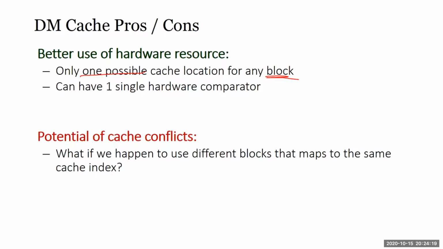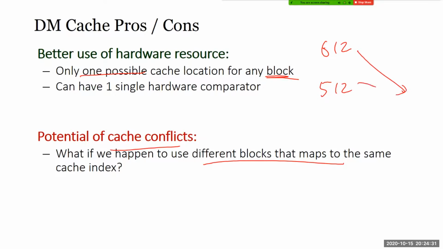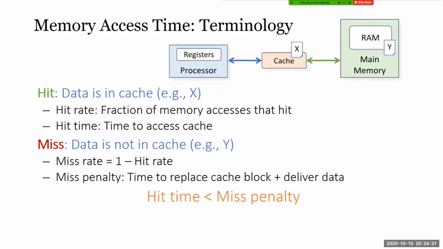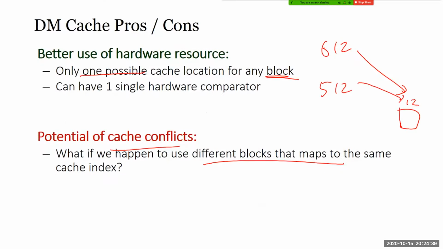All right, so what if you have a cache conflict? Because different blocks can map to the same spot. For example, book 612 and book 512 both will map into the slot for 12. Now you have a conflict. You need to figure out whether to kick out 612 or keep 612.